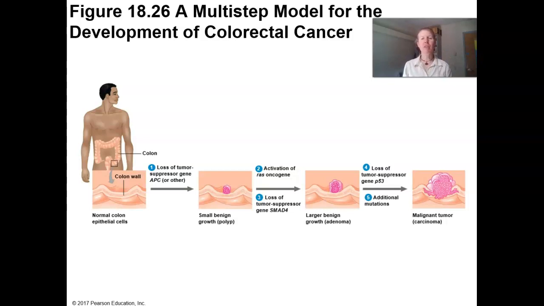And really this P53 is implicated in a lot of different cancers. That's a major tumor suppressor gene. So then by the time you get, what is this, like 4 different mutations, now you have this malignant tumor, right? And when we say malignant, now we're actually talking about cancer. It's able to metastasize, it's able to spread to other tissues. So again, some of that comes back to gene expression, gene mutation as well.